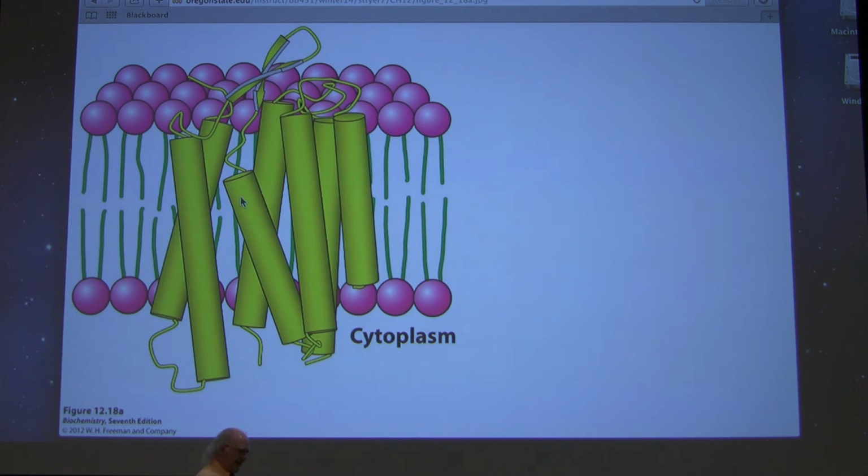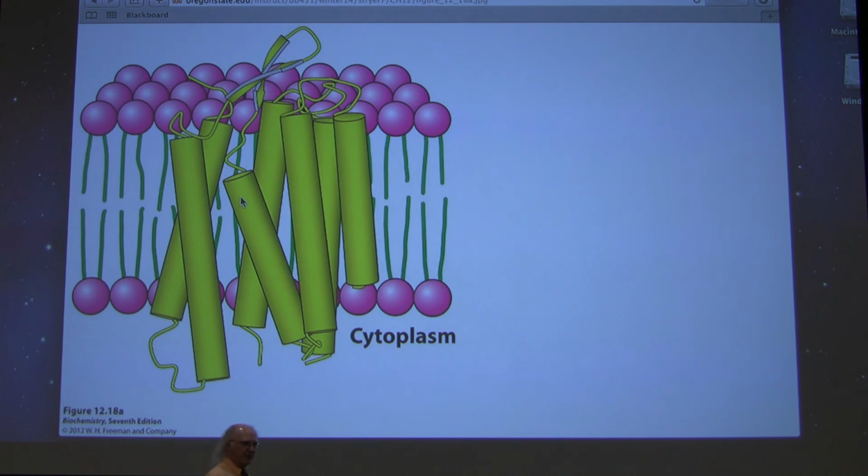I'm going to use my leg as the example. Okay? My leg is presently in the trans configuration, but if I change one of the bonds in my leg at the place of my knee to a cis, it looks like this. Okay? Hope everybody can see my leg. All right? Trans, cis, trans, cis, trans, cis. When I shine light on vitamin A, it goes trans, cis, trans, cis, trans, cis, trans, cis.